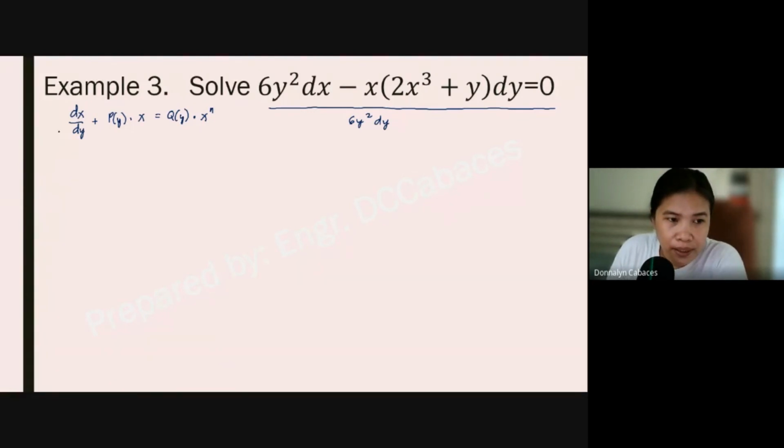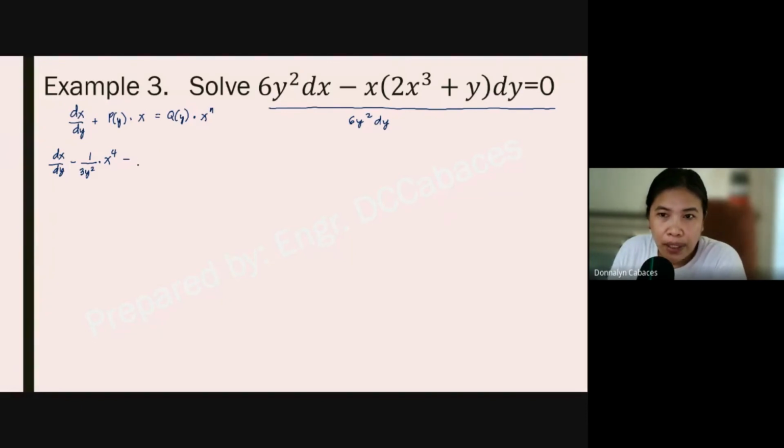So that is the derivative of x with respect to y minus, you have 2x to the fourth over 6y squared. So that is minus 1 over 3y squared times x to the fourth minus negative xy over 6y squared.